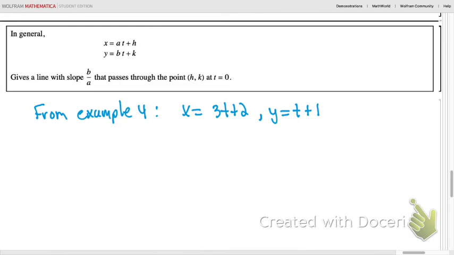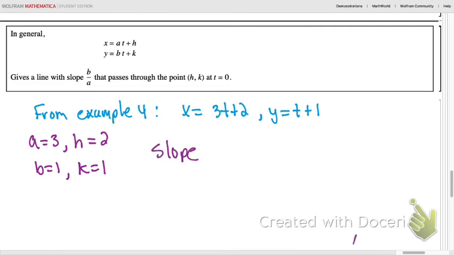Okay, in this example, x is at plus h. So in this case, a would be 3, h would be 2, and b would be 1, and k would equal 1. So the slope, again, we know that's a parametric line already. The slope is b over a, which we saw in the previous example was 1/3.